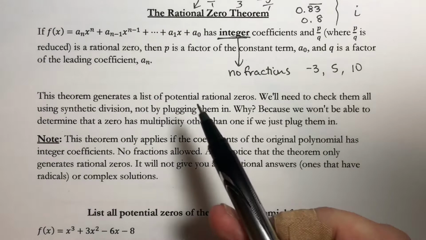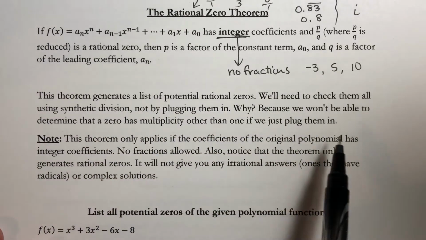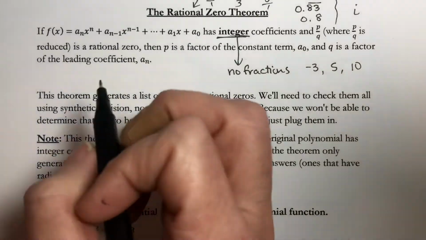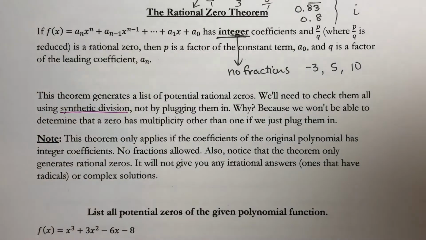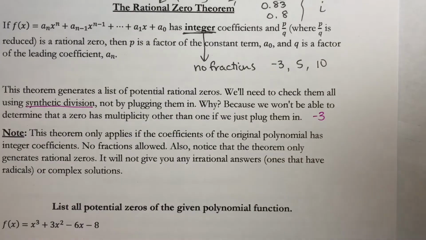This is going to generate a list of potential zeros, and we're going to need to check them all, and we're going to use synthetic division. We're not just going to plug in our potential answers and see if they work. The reason for that is, let's say that I'm working the problem and I find that -3 is a solution.